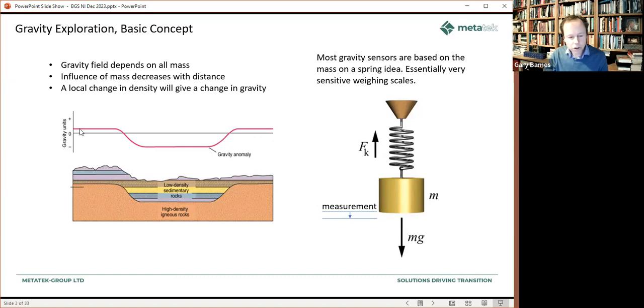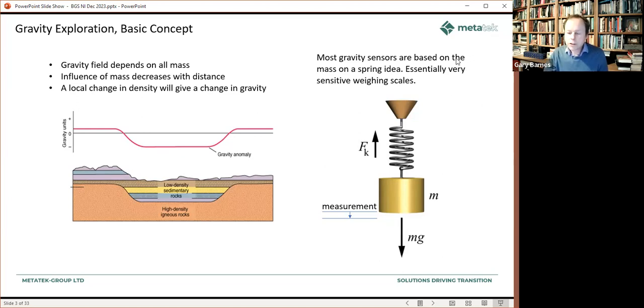And if you measure the gravity across this area, the gravity measured will decrease as you go over the lower density sedimentary rocks. So this is a very simple example. Obviously, there are many more applications of gravity, but historically, the gravity method has been well used for finding sedimentary basins, and this has been in the hydrocarbon industry.